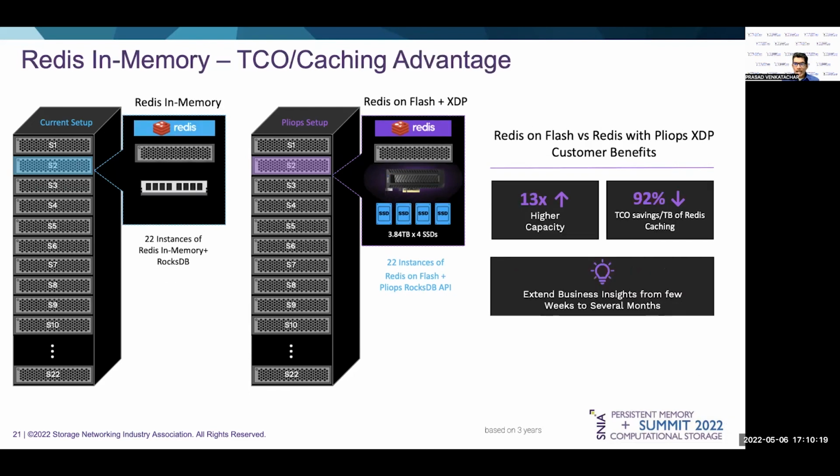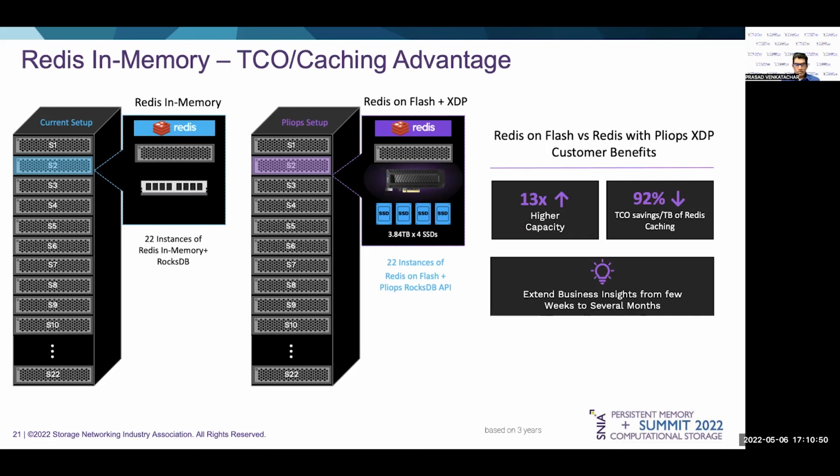The other way to look at the benefit is if you have a Redis in-memory application, you can get Redis on flash with the Pliops XDP environment. You can get 13x higher capacity for economically scaling your caching, and this reduces TCO by 92% per terabyte of Redis caching.